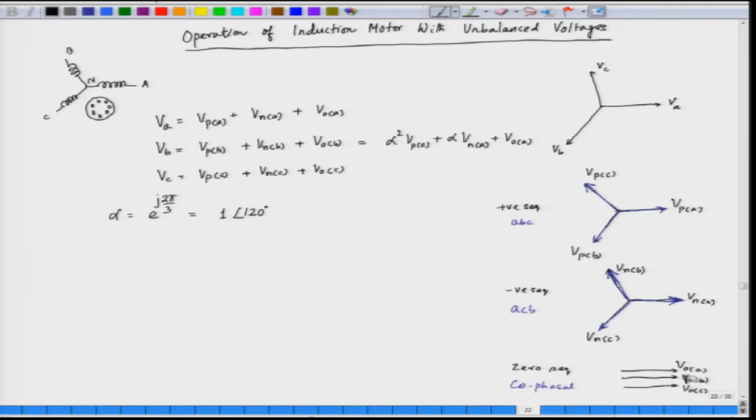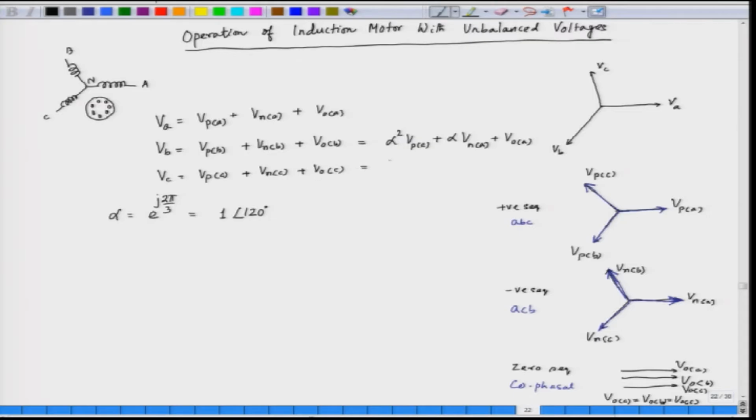So, in this case we just have to write that they are all equal. In that case we will say that V 0 A, V 0 B and V 0 C are the same. So, V 0 A is the same as V 0 B is the same as V 0 C.